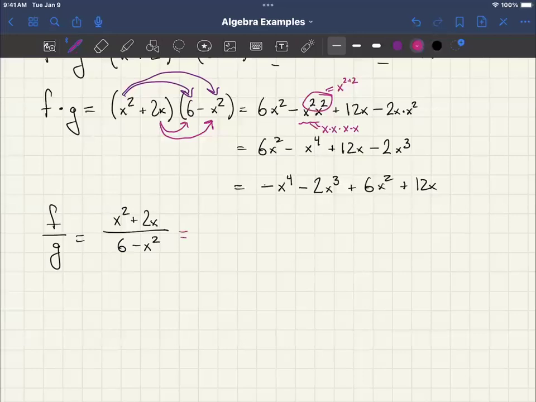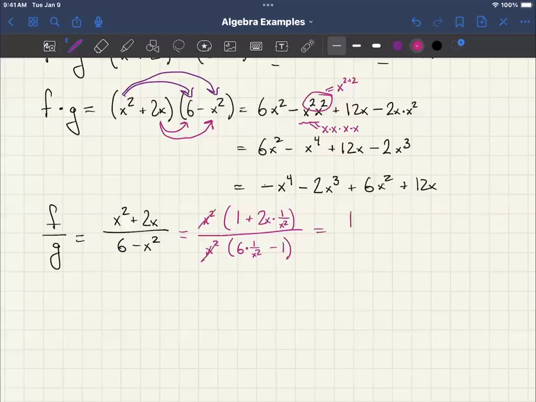If we really wanted to, we could turn this into something that looked, I would argue, worse, but some people would like that. If you wanted to get rid of your x squareds, you would basically pull an x squared out of all your terms there and cancel them.